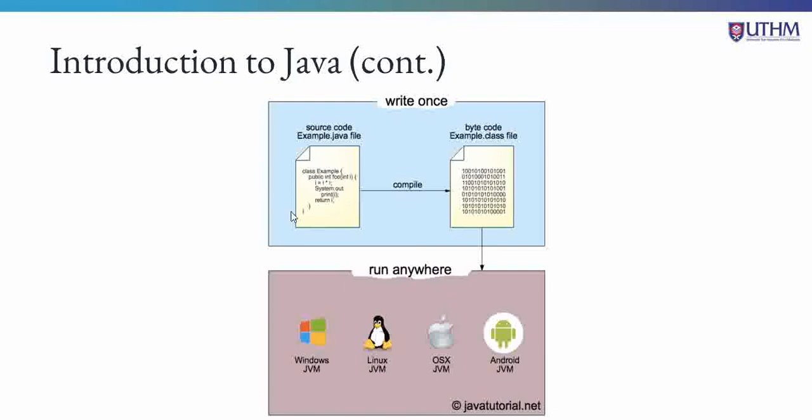In this source code, we just simply print out the value of i. Later on, we compile it using the javac command, and it will create the .class file, which is the bytecode, represented in low level language.